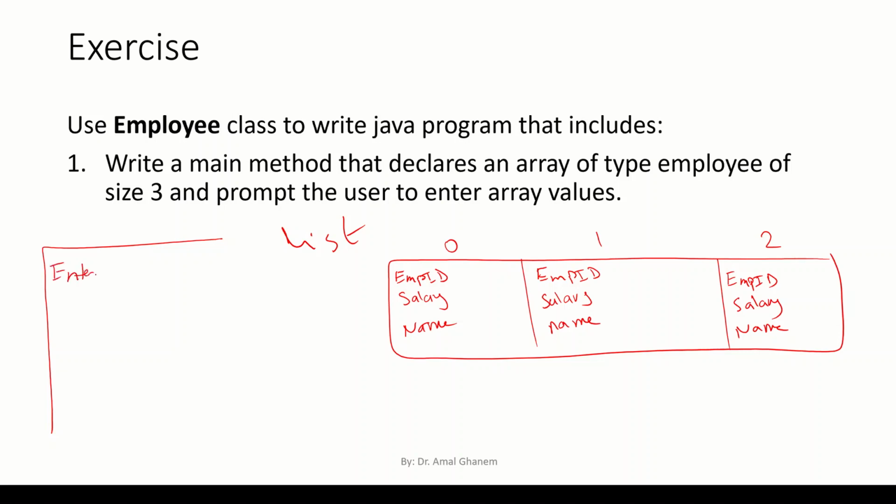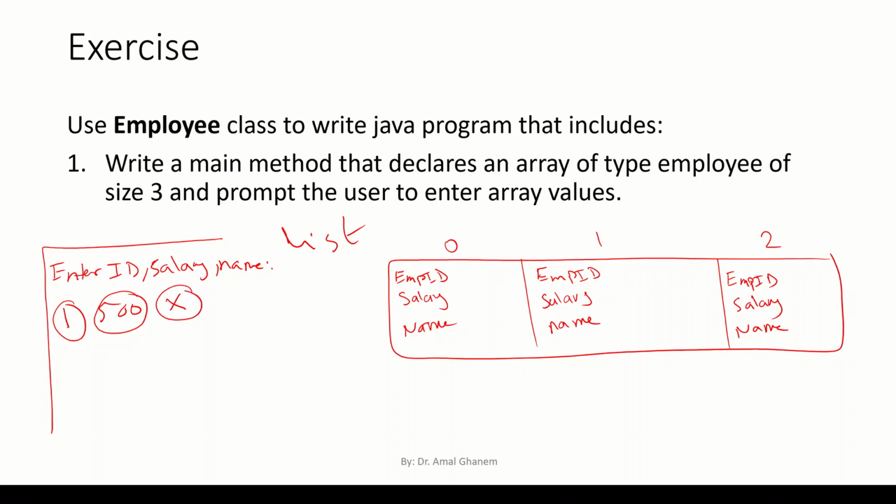So if the user says enter ID, salary, and name. If the input was, for example, 1, 500, and then X, it means this one should be saved as employee ID, 500 as the salary, and X as the name.